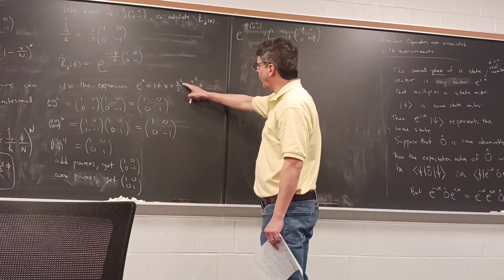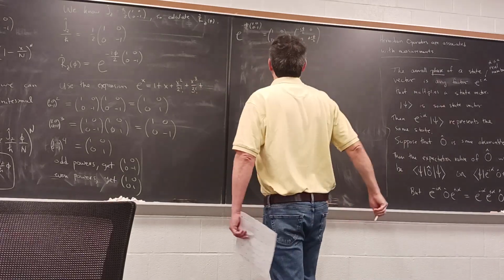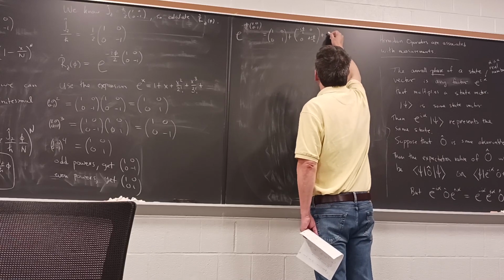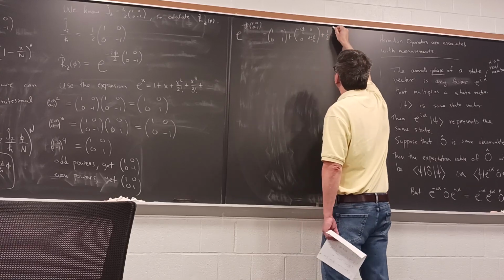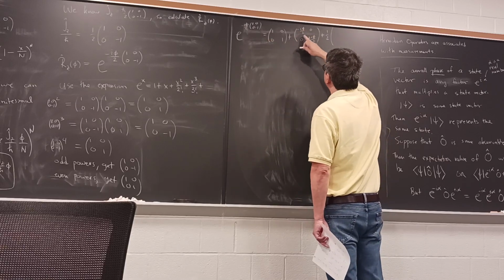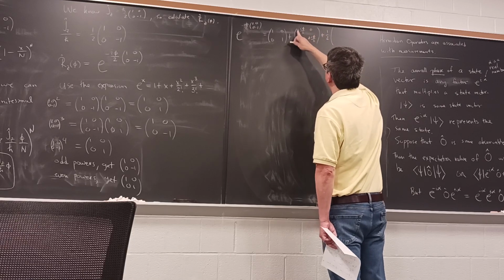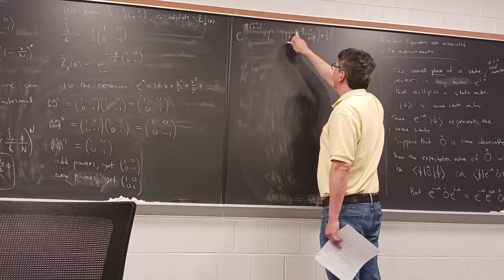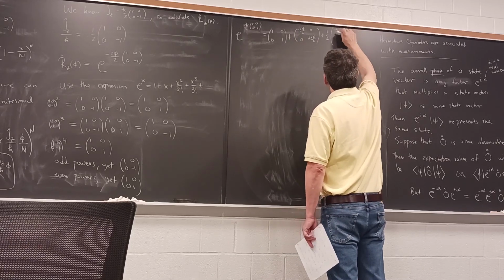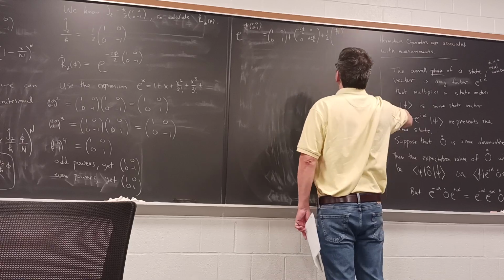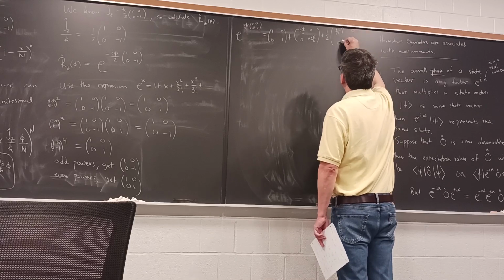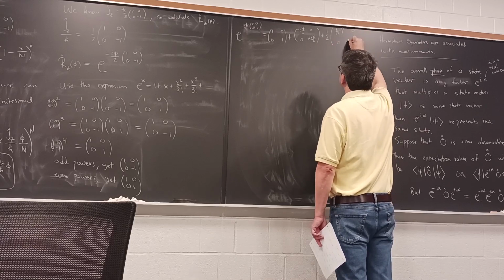Now I have the square divided by 2 factorial, so I've got plus an extra half here, and then the square in here. If I square this I phi, I've got a minus I, there'll be a plus I squared, I'll get a minus. It'll be a minus phi over 2 quantity squared, 0, 0, and then if I square this, I'll have a minus.